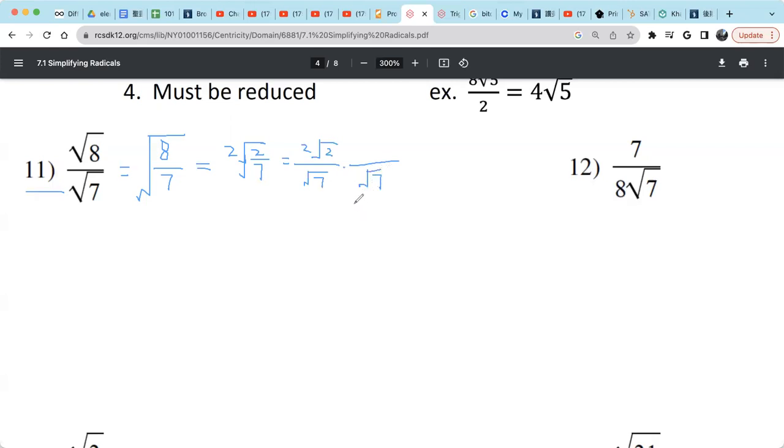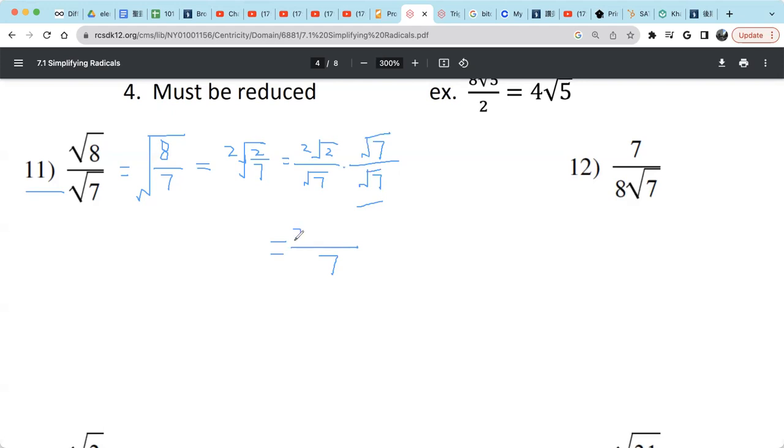How do we do that? We just multiply by itself. But we can only multiply by 1. So 1 is a transformer. It's just something divided by itself. In this case, it's square root of 7 divided by itself. So then the denominator becomes a rational number, becomes 7, right? Something shared by 7 people always makes sense.